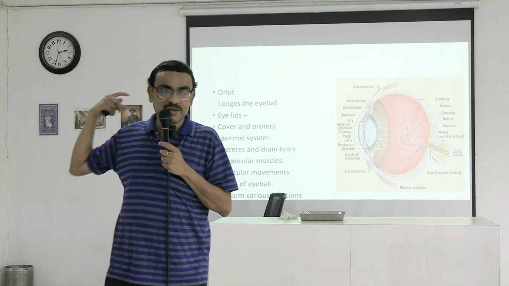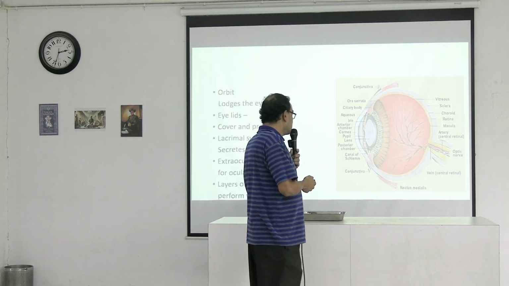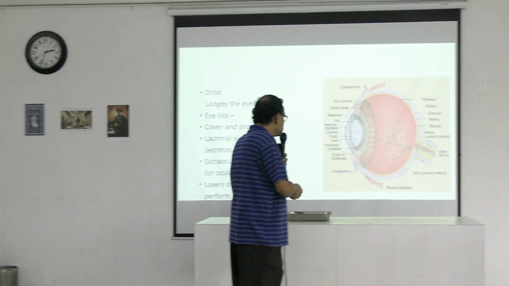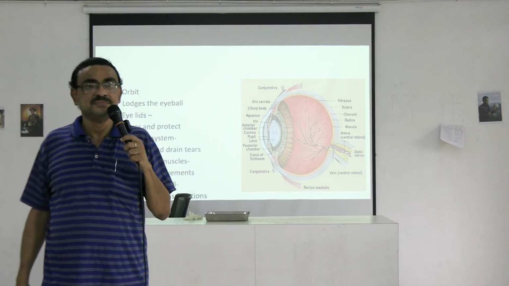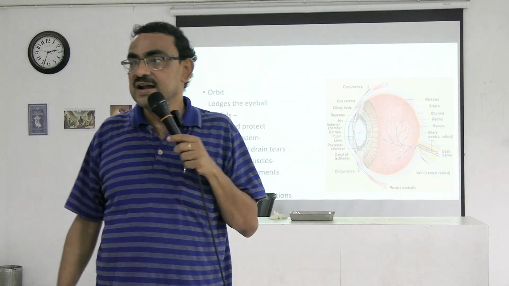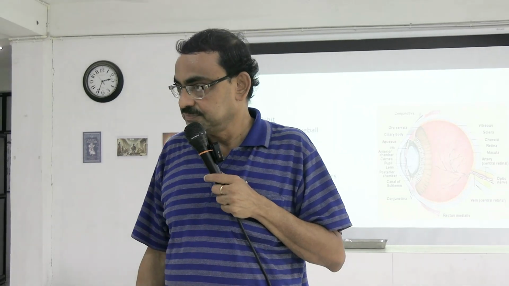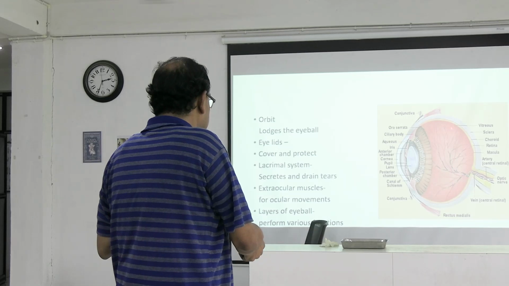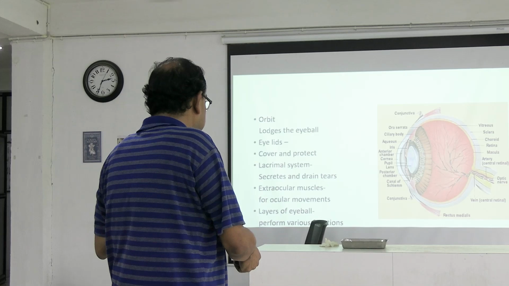So that is the area where we can get the protrusion of the interior of the eyeball. And here we can find not only the optic nerve entering, but also the entry of one artery and one vein. Can you see? That is the central artery of the retina and central vein of the retina. Ultimately they divide and subdivide, and we get the retinal arteries and retinal veins.